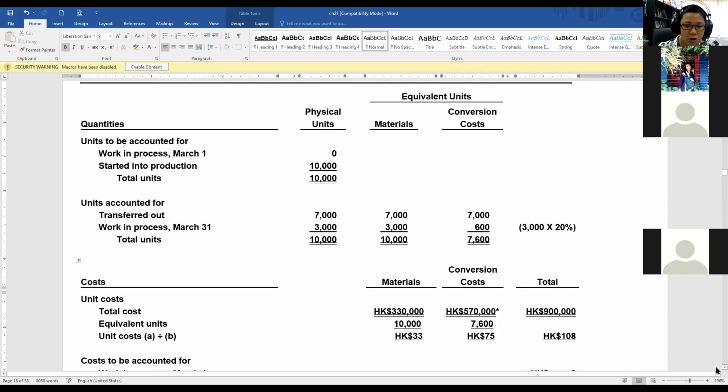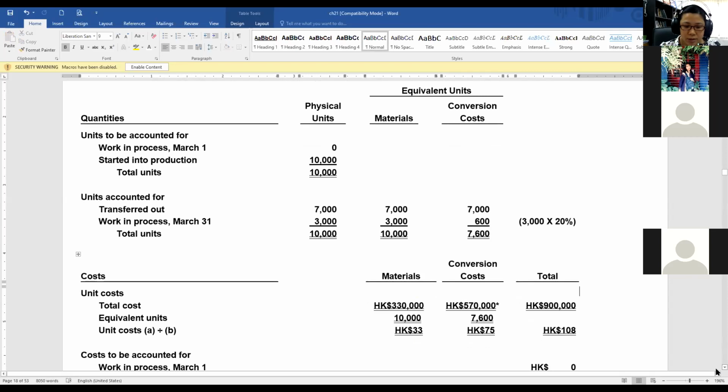Next, cost to be accounted for. Okay. For the cost to be accounted for, class, we will use the cost of work in process at the beginning, which is 0, because there's nothing here. So cost for the work in process at the beginning is 0.